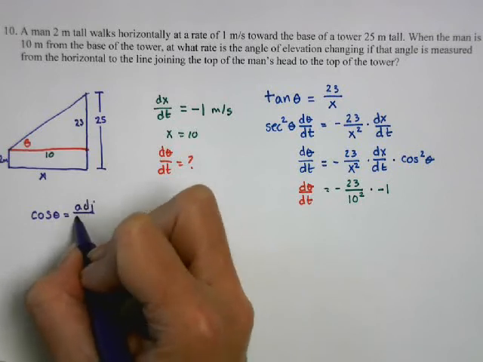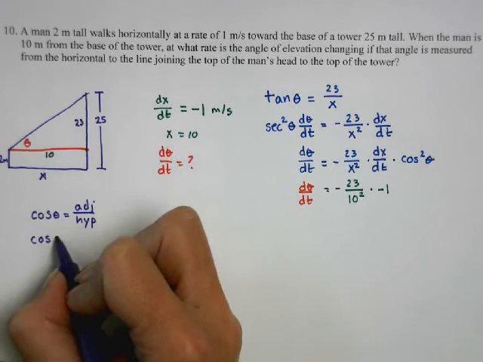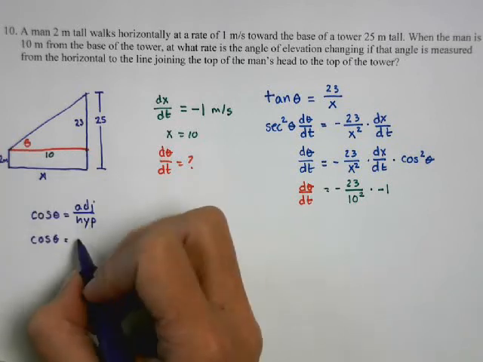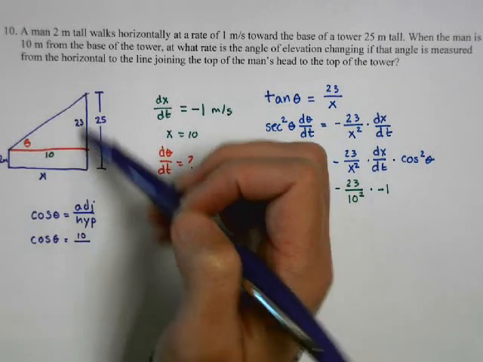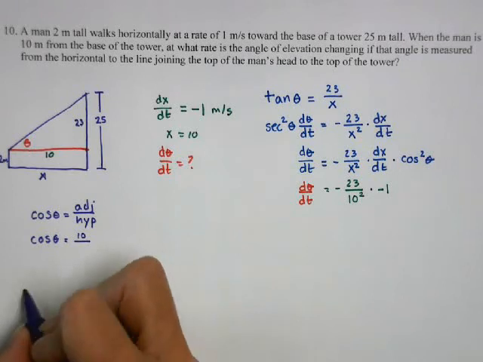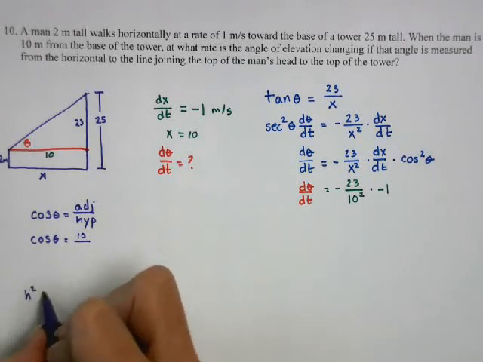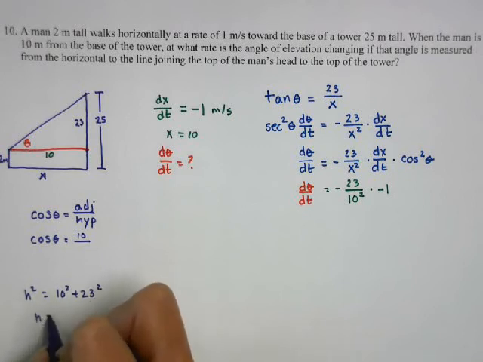My adjacent side is still going to be 10. The hypotenuse, I'm going to have to do the Pythagorean theorem. So h squared equals 10 squared plus 23 squared. So h is going to be the square root of 629.